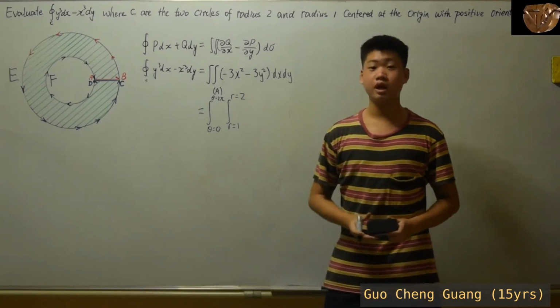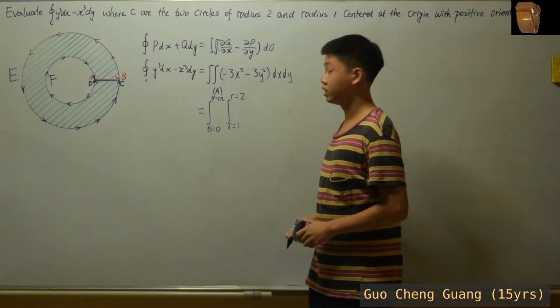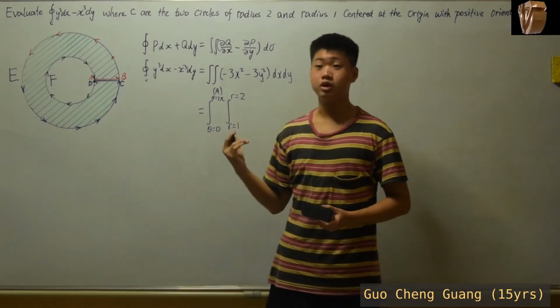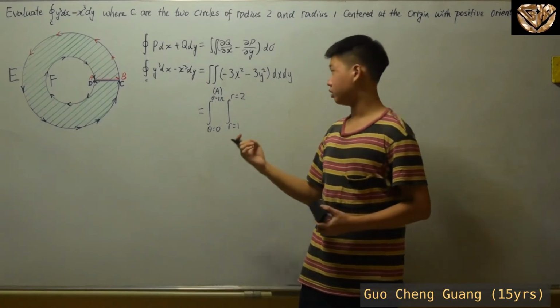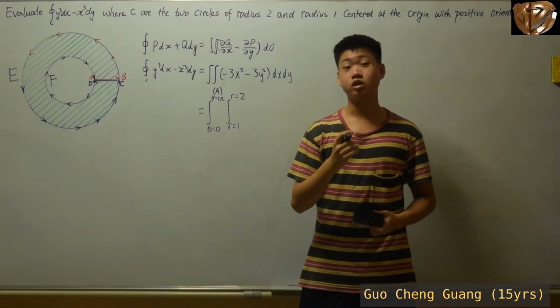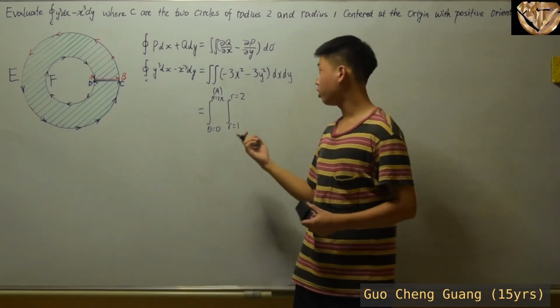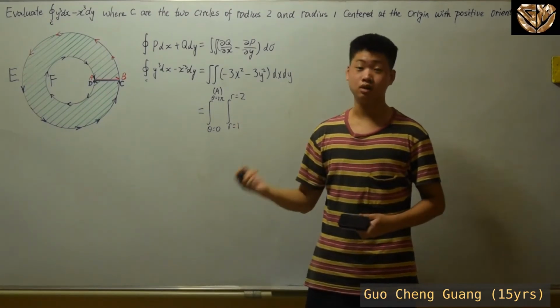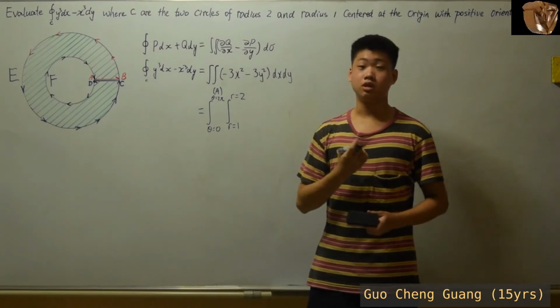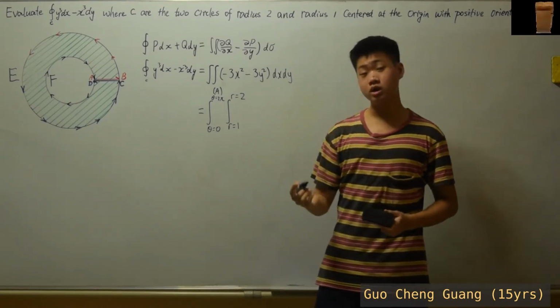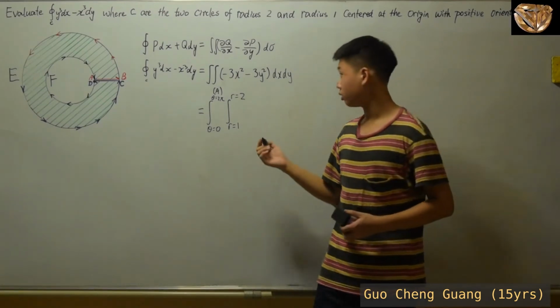Next, negative 3x squared minus 3y squared. What's so special about that again? Now, in polar coordinates, r and theta. To change Cartesian coordinates into polar coordinates, x is equal to r cosine theta, while y is equal to r sine theta. Using your basic trigonometric identities, you realize x squared plus y squared is equal to r squared.